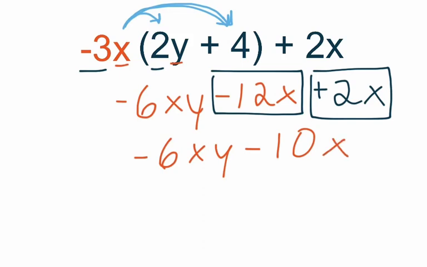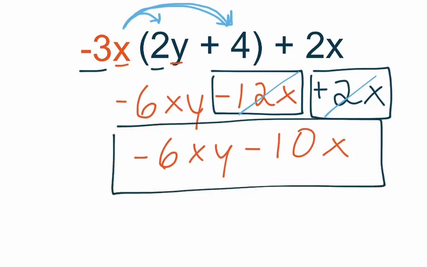So all I did is basically combine those like we would add or subtract integers, and then we have an x value there. We're done. And so the full simplified answer here would be negative 6xy minus 10x, and that would be how we can simplify this. And we use distribution, we had variables, and then we combined some like terms there.